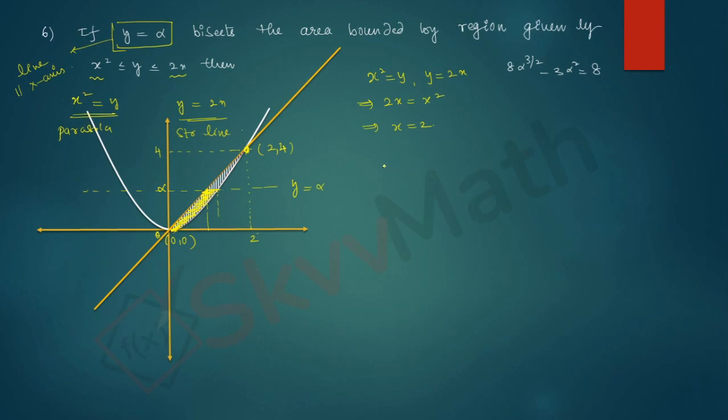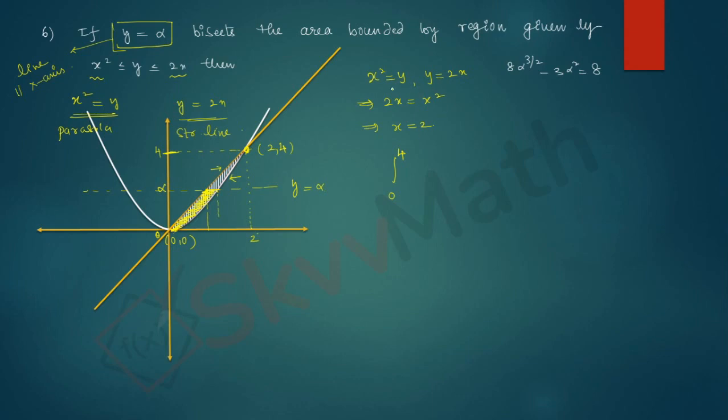Integration using y limits 0 to 4. The right curve here is a parabola, and the left side curve is the line. The right side curve, the parabola, you should write in terms of y, because we are using the limits of y.